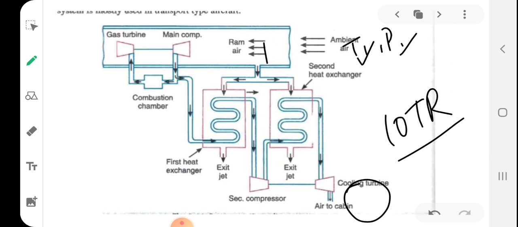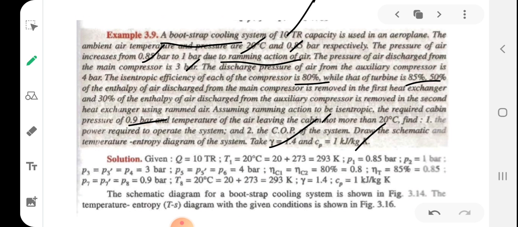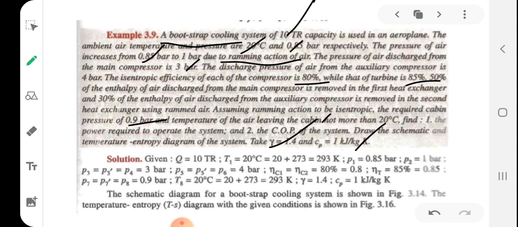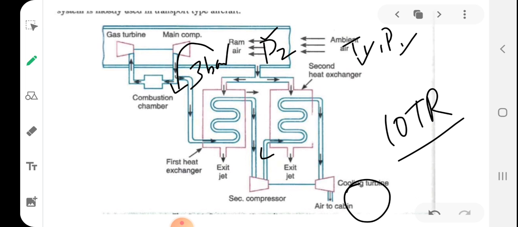So after ramming, P2 is also given, rammed air. And the pressure of air discharged from the main compressor is 3 bar. So after compression here it will become 3 bar. The discharge pressure of air from the auxiliary compressor is 4 bar. So here it will become 4 bar, secondary.